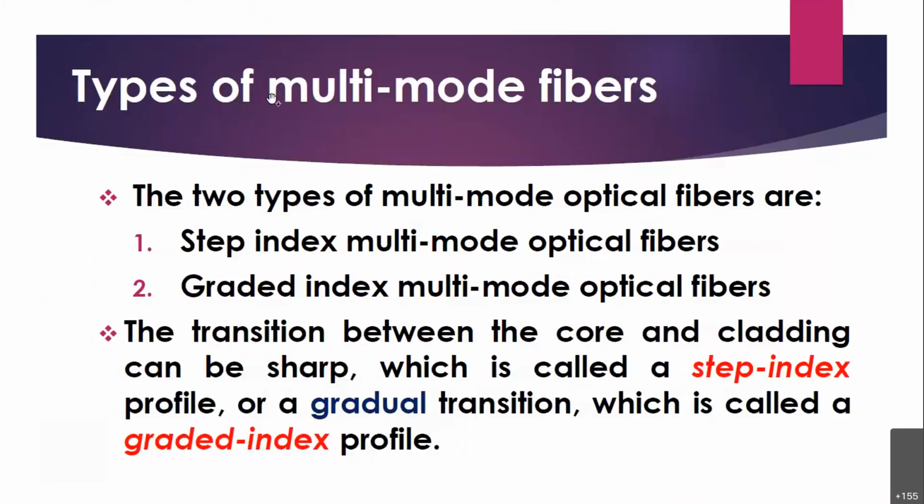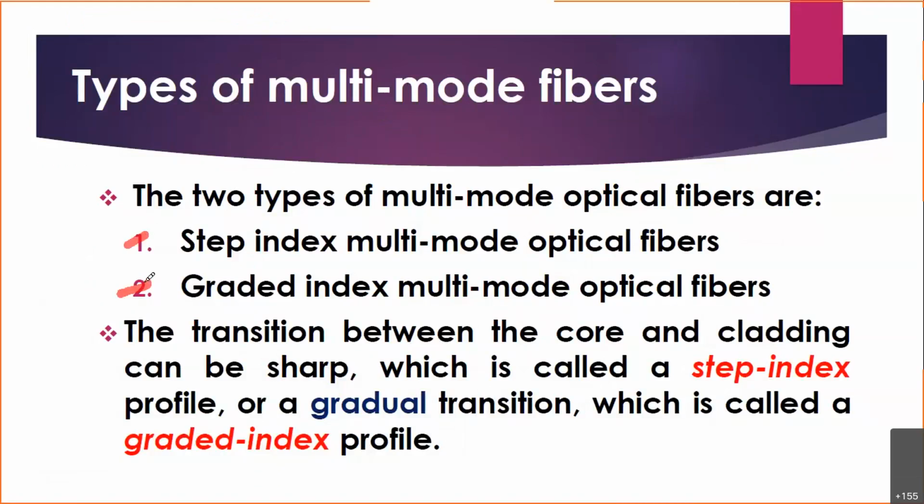The second topic is the types of multimode, because in multimode also there are several categories. One is the step index and the second is the graded index. These are the two types people classify under multimode, but in some other places people classify them as types based on the refractive index.